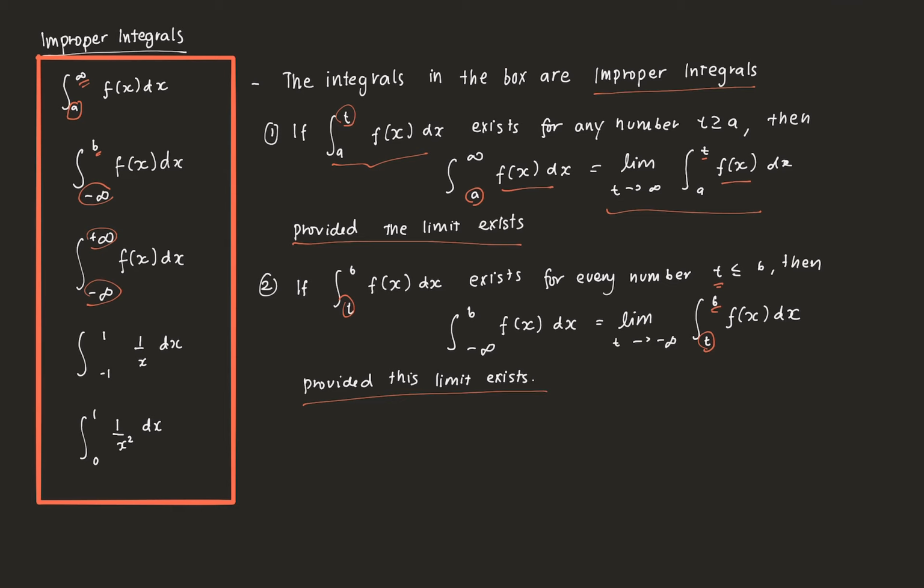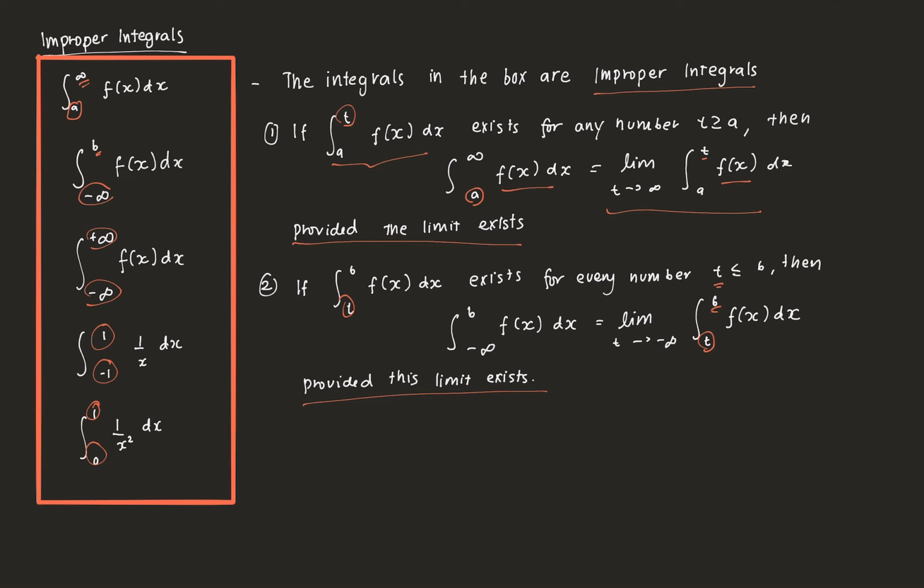So those are the general cases because we have infinities and limits there, but we can also have improper integrals wherein the limits of integration, a and b, are finite. In this case, they're not infinity.